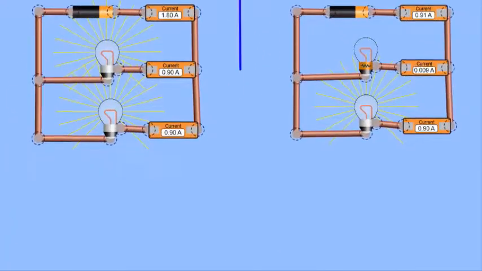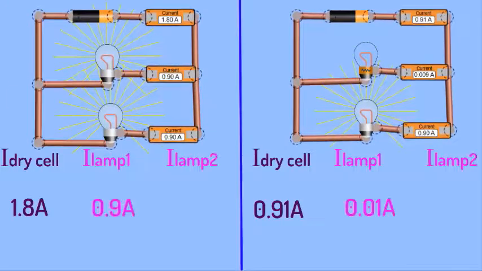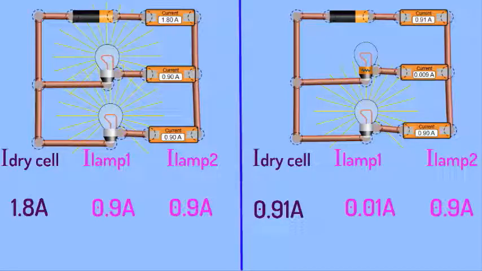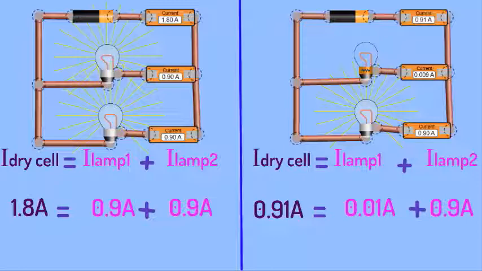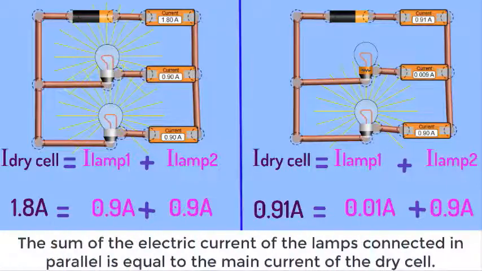Look at the values of the intensity of current of the lamps and dry cell that are obtained in these two circuits, then try to find the relation between them. 0.9 ampere plus 0.9 ampere gives 1.8 ampere, and 0.01 ampere plus 0.9 ampere gives 0.91 ampere. So, the sum of the electric current of the lamps connected in parallel is equal to the main current of the dry cell.